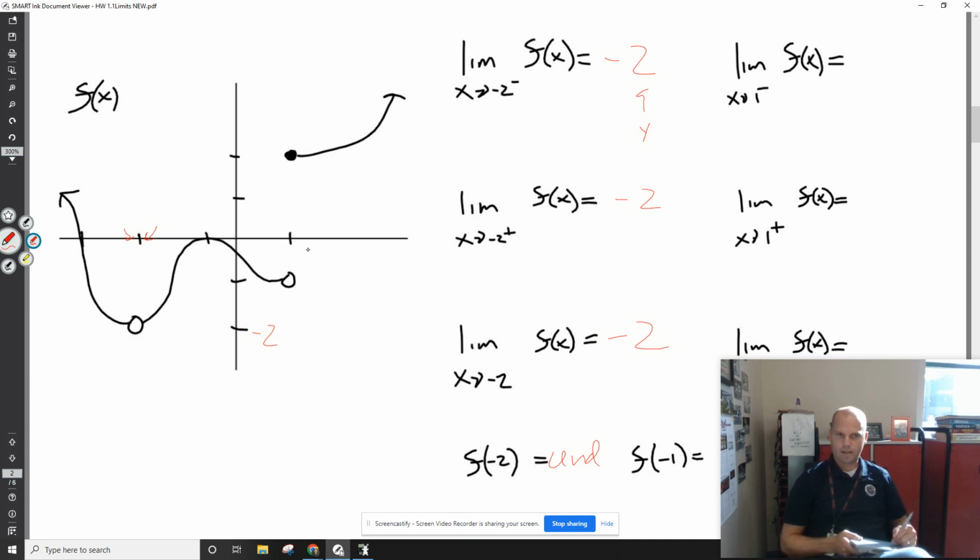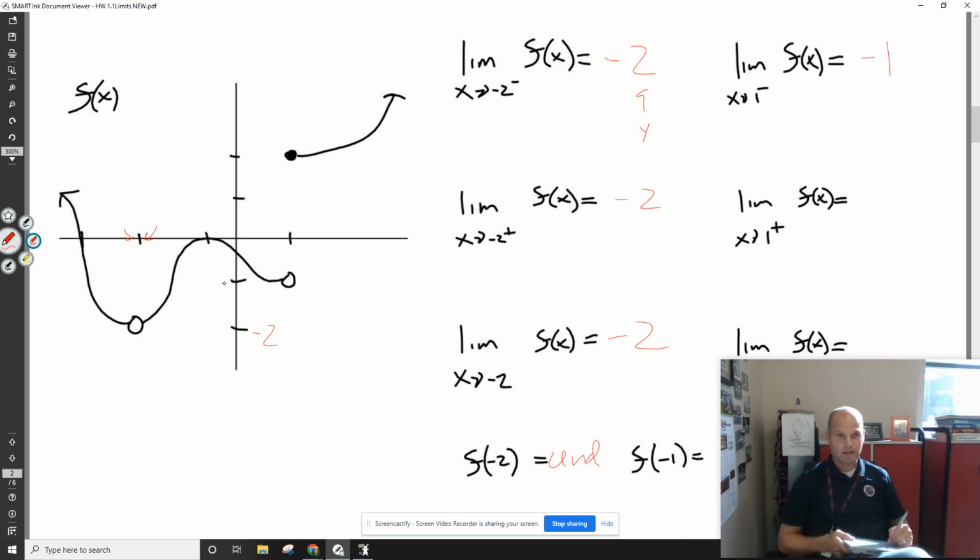If we look at 1, we got a jump here. To the left of 1, I'm down here at this piece. To the right of 1, I'm using this piece. To the left of 1, I don't care about the open or closed circles. You can just say I'm using this piece for x is less than 1. If I were to plug in 1 into this piece, I'd get a y value of -1.